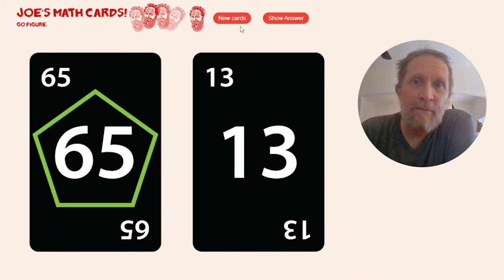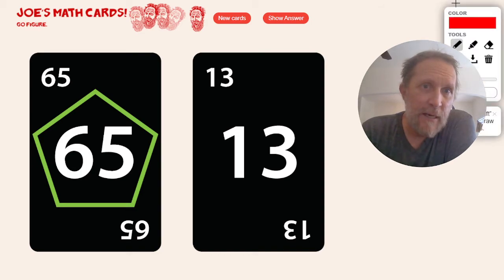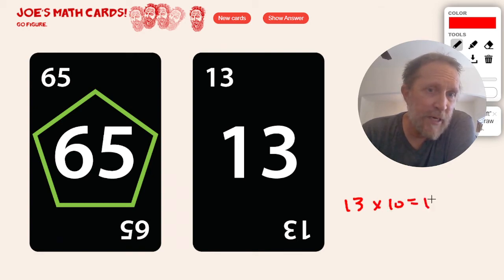Now, I'm glad we've got this here, because there is one more little method that I'm going to point out to you really quickly. When I do this, and the numbers are suddenly things I don't recognize at all, I'll always go back to the same idea. I'll think, well, I know that 13 times 10 equals 130.